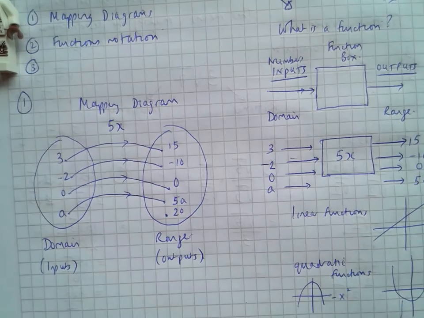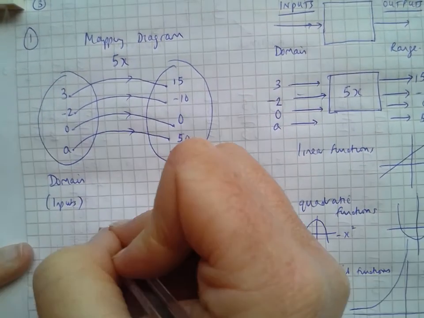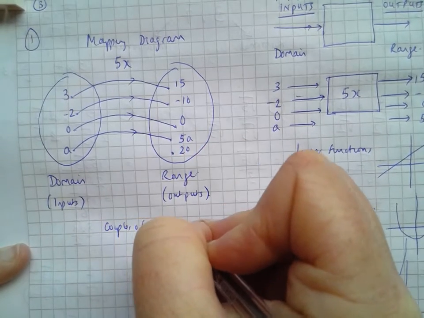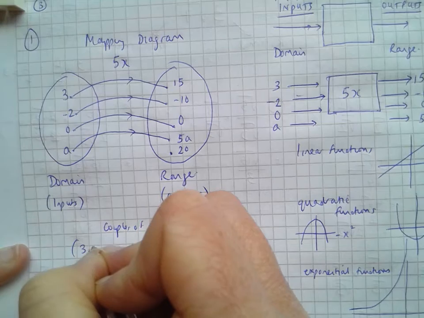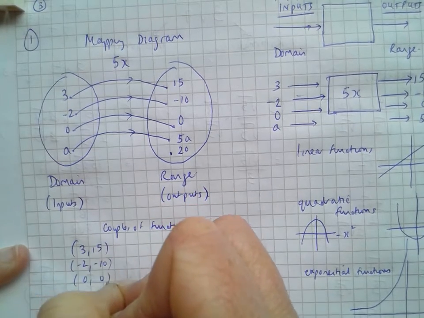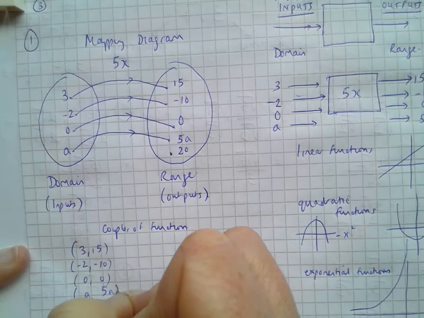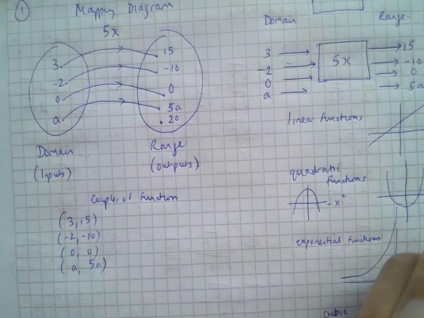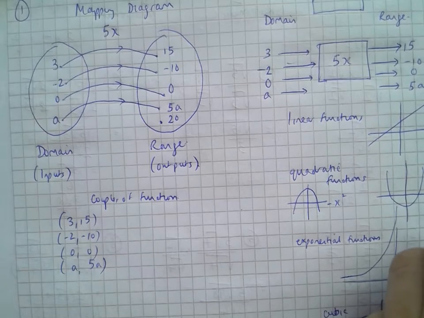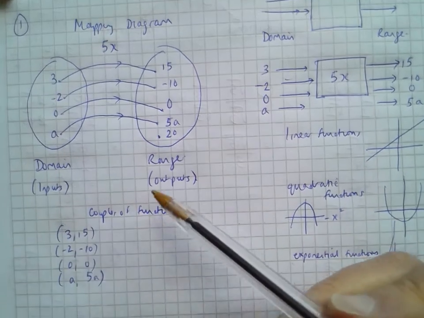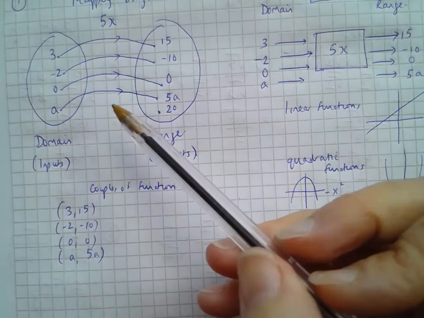And what we would say the couples of the function would be is 3, 15, minus 2, minus 10, 0, 0, and a, 5a. I hope you can recognize that they look like points from drawing a graph, like coordinate points. Okay, so mapping diagram, domain, range, inputs, outputs. Remember, each input only has one output.